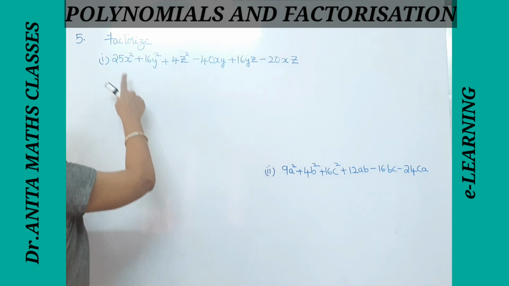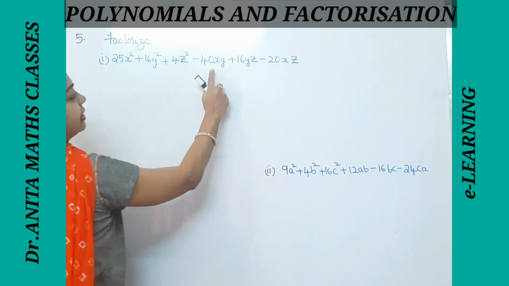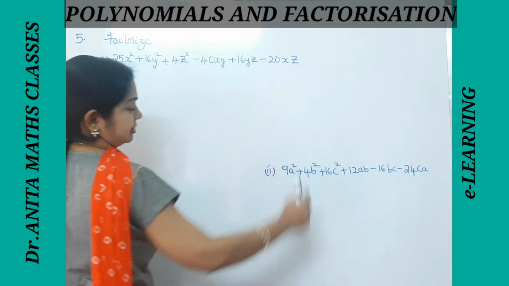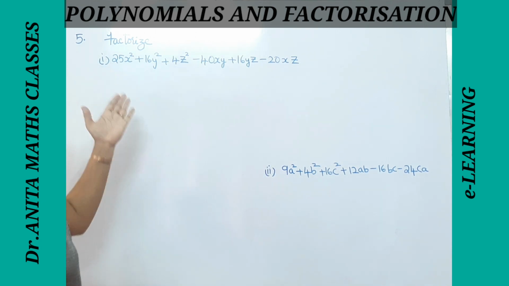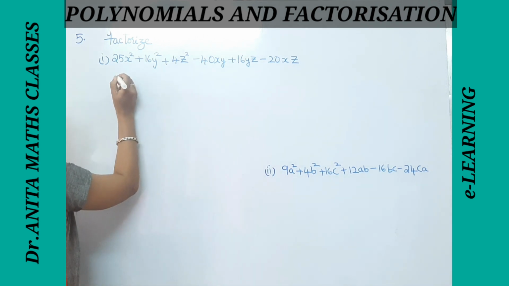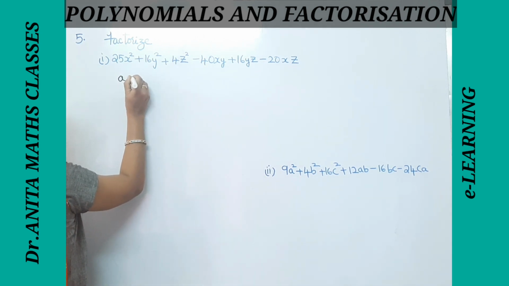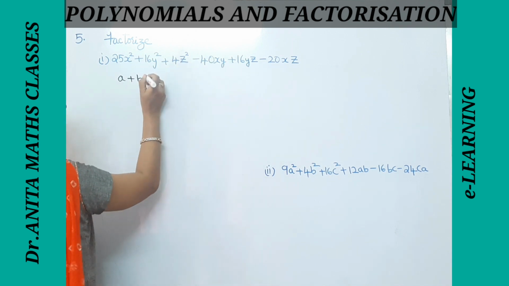Right. Now here if you see all the terms, there are square terms, there are xy, yz and xz terms here. Now this clearly will bring that identity to mind. Let me write in the form of a, b, c, not x, y, z, because all of them are in the x, y, z form.